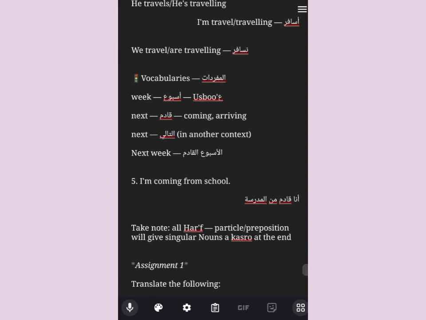Now, number 5 example, we have I'm coming from school, qadimun min al-madrasa. I give this example in order for us to see the usage of the word qadim. And of course, we have the preposition harf also used here. Ana qadimun min al-madrasati. I am coming from school.